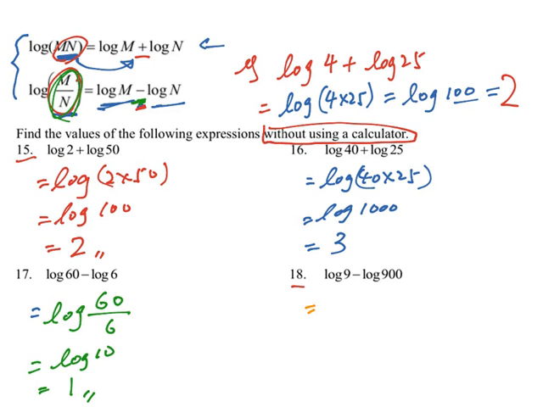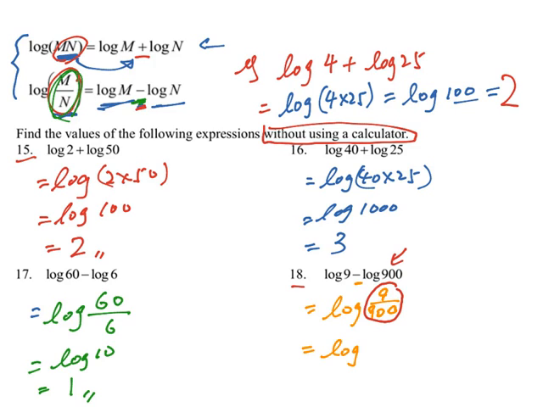Finally, we have another minus case. Minus, so divide, 9 over 900. For this case, you can use a calculator to work out this part only, not the original question.